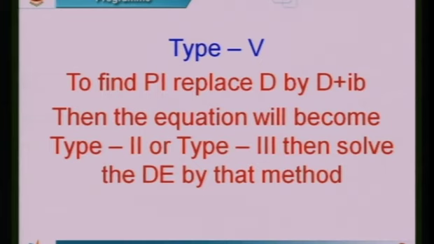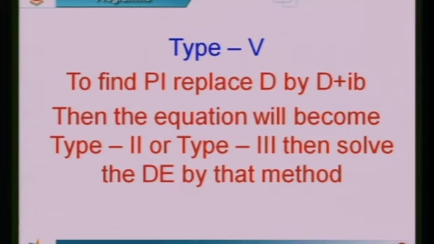In the last class I have started the special methods. Why we need the special methods? You can find the particular integral if the right hand side is sin or cos in type 2, polynomial in type 3, but there are other trigonometric ratios, after sine and cosine, it is cosecant, cot, secant, tan.